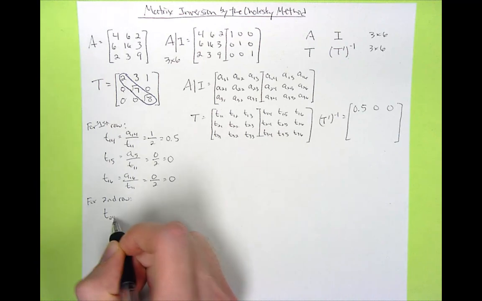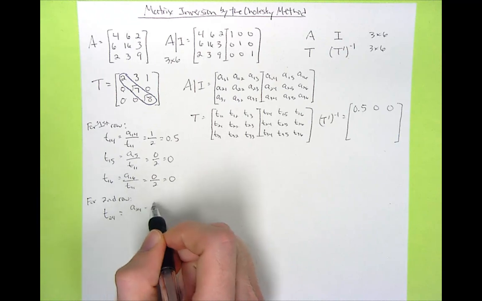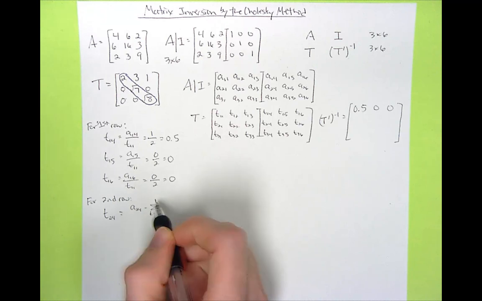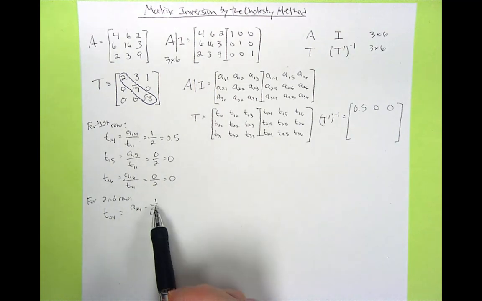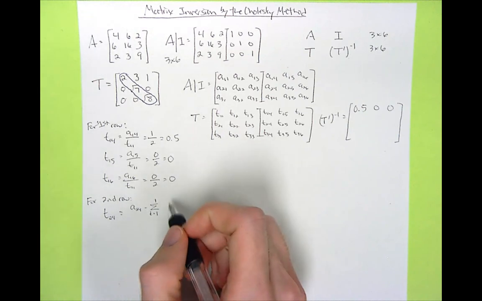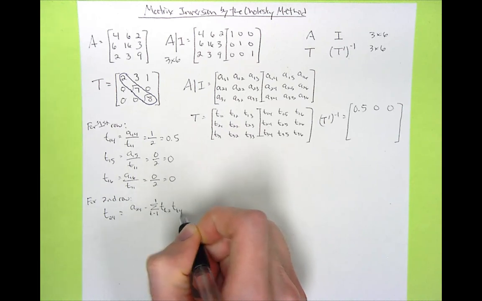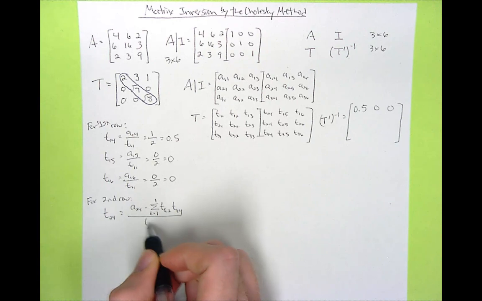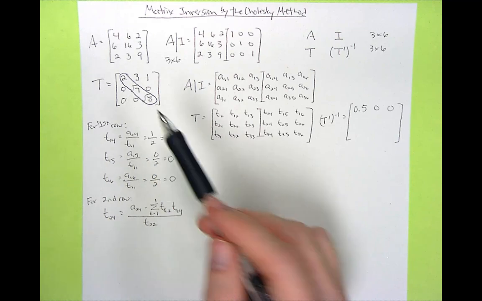So T24 is equal to A sub 24 minus, we've got a summation as k goes from 1 to I minus 1, and I would be 2, j would be 4. So we get the sum from k equals 1 to 1 of T sub k2, T sub k4, this is I and j, over T sub the diagonal in this row, which is T22, which is square root of 7.